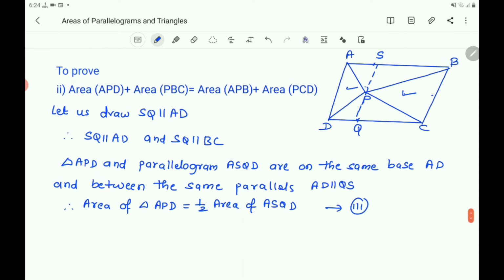Similarly, we have this triangle and this parallelogram. They are on the same base BC and between the same parallels, BC parallel to SQ.